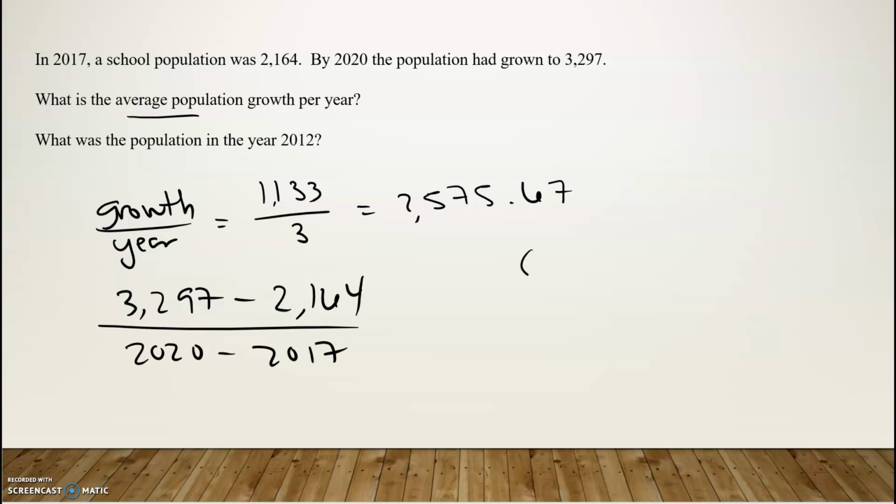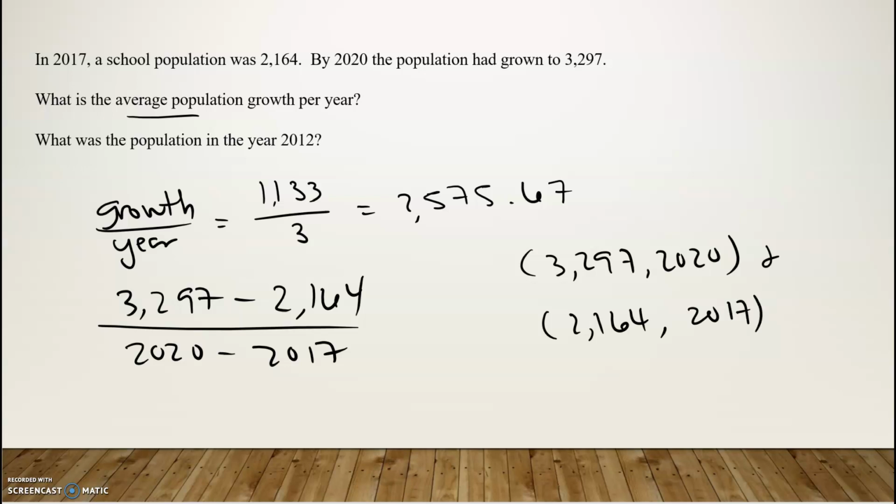So it looks like we have the ordered pair 3,297 with the 2020 and 2,164 with the year 2017. So it looks like this is x sub 2, y sub 2. This was x sub 1, y sub 1. So really what we found was the slope right there. I'm going to keep it as this for now.